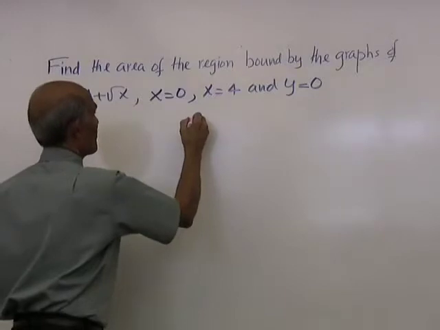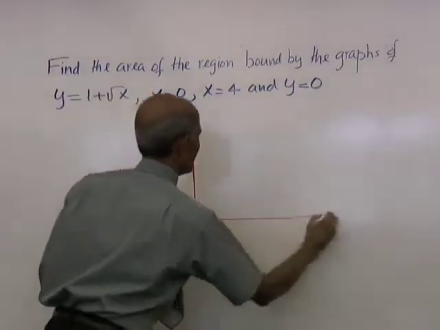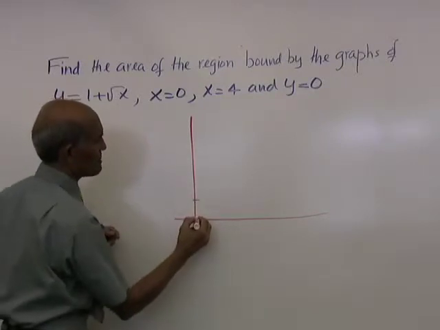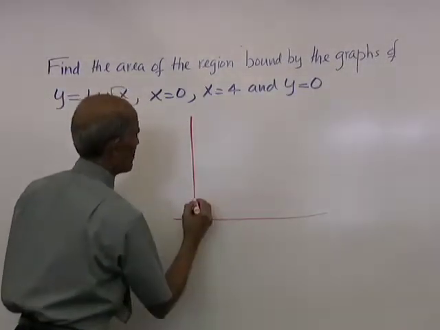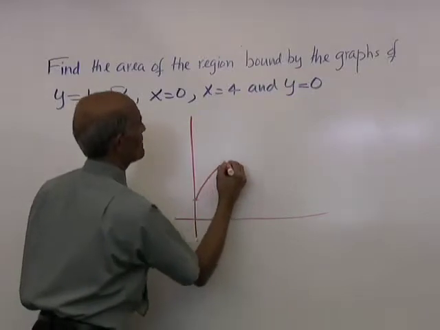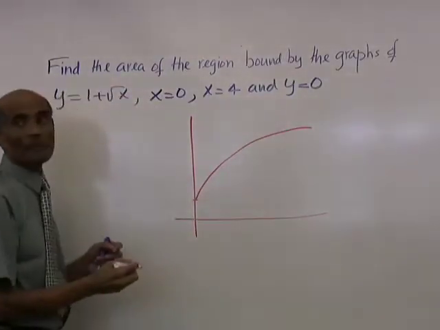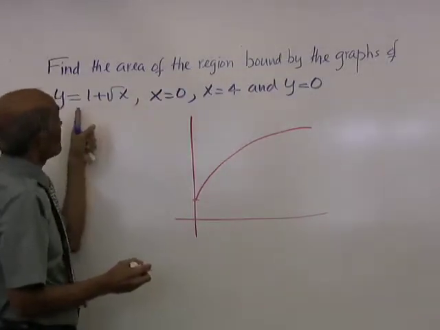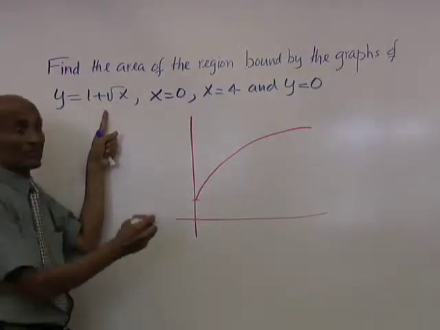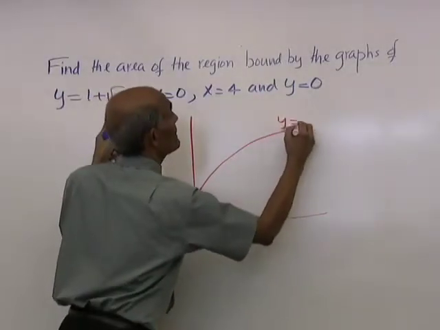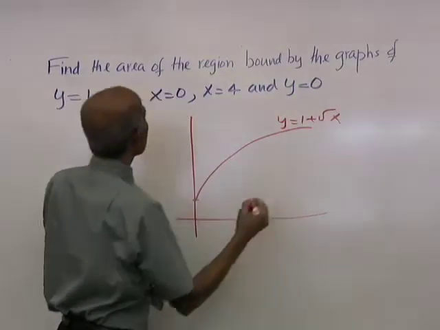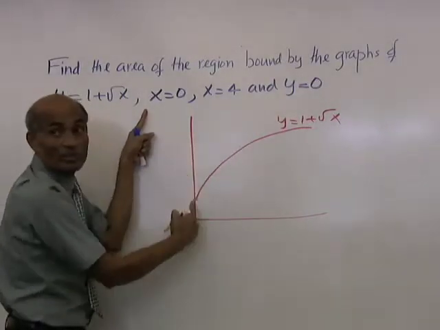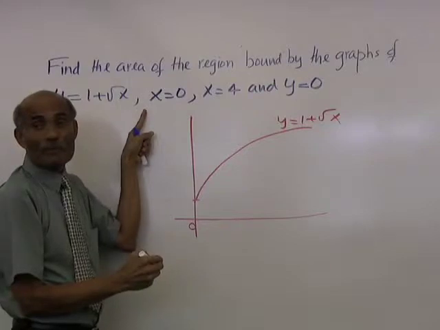So the graph of 1 plus square root x will be, you see, square root x will be like this. 1 plus square root of x will be that. Now, we need to find the area of the region bounded by y equal to 1 plus square root of x. X equal to 0 is the y-axis.